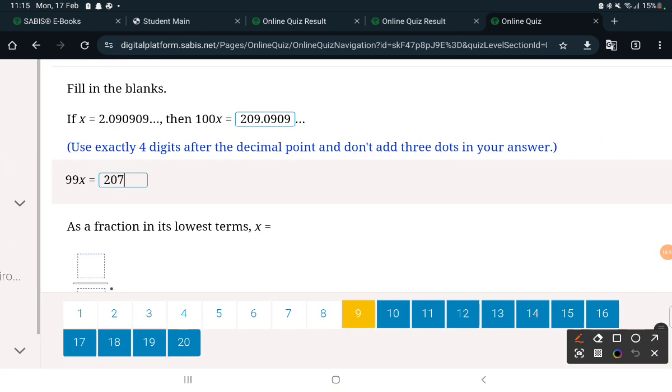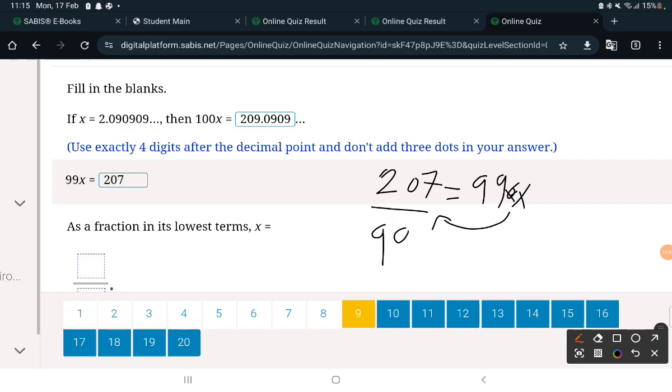Okay, so 207 equals 99x. Take multiplied by 99 to the other side. 207 is definitely divisible by 3. Okay, so if 201 was 67, 207 will just be 2 above that, which is 69.